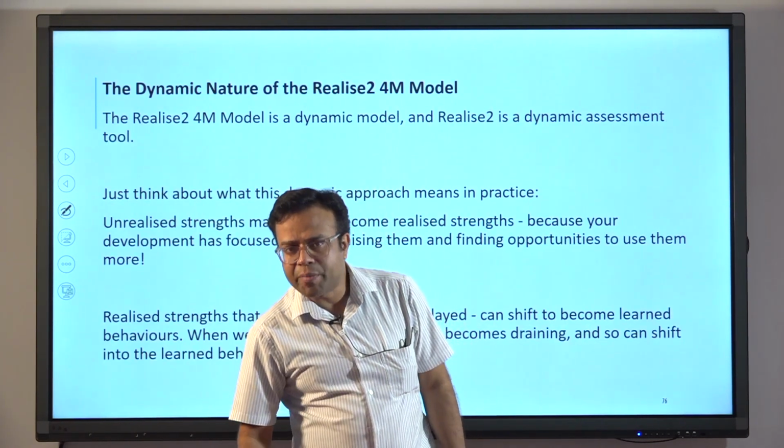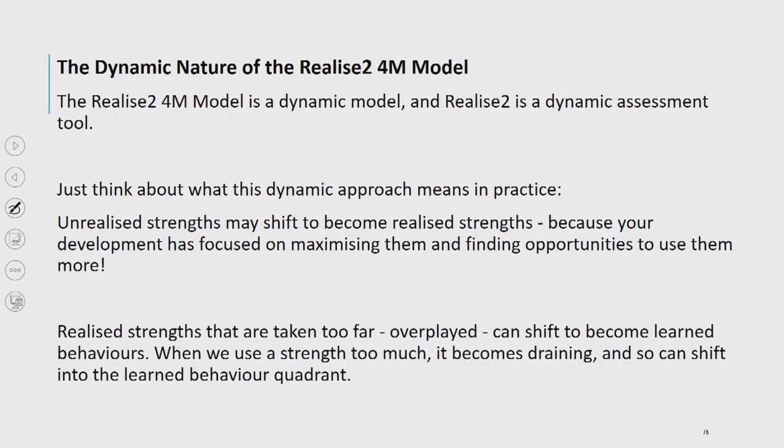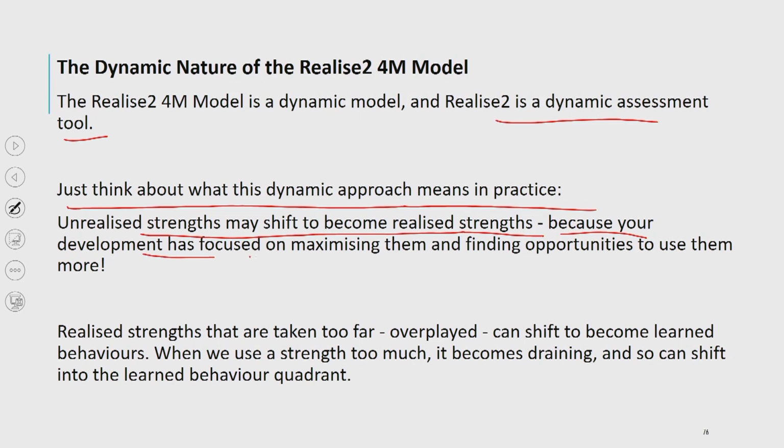Now there is a dynamic nature in this Realise2 4M model. The model is very dynamic in a sense, and in terms of the assessment tool also it's quite dynamic. Just think about what this dynamic approach means in practice. Unrealized strength may shift to become realized strength because your development has focused on maximizing them and finding opportunities to use them.